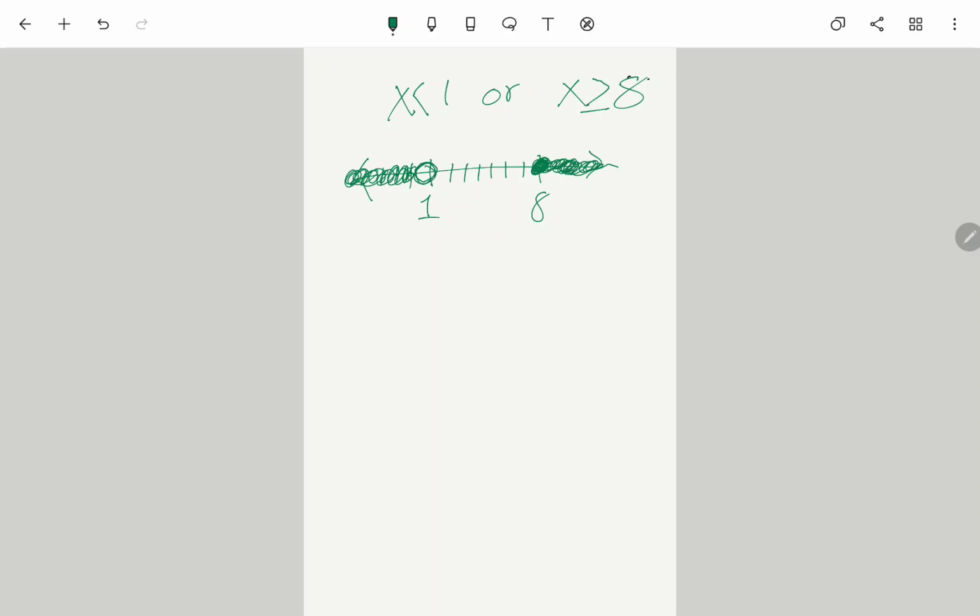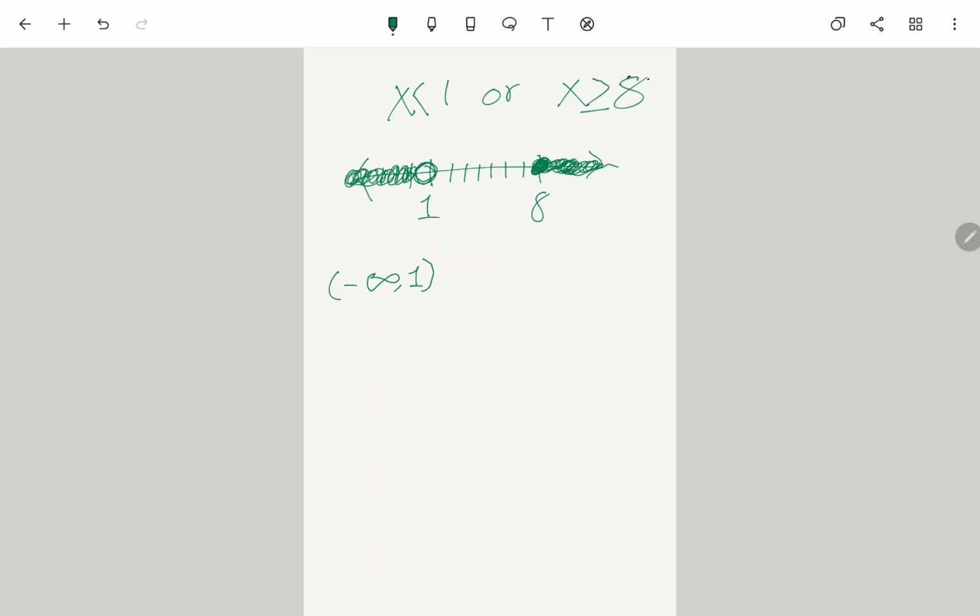Okay. Now, interval notation. The first point on the left side is negative infinity, comma, the first point on the right side, 1, and parentheses because it's an open circle.